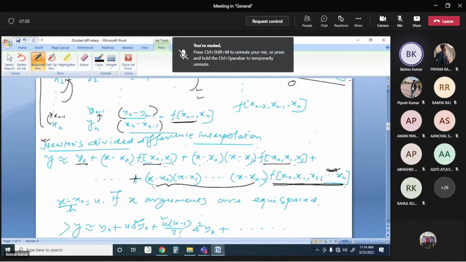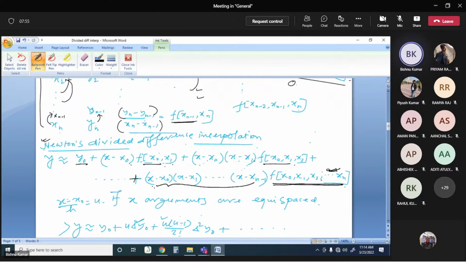For the given numerical data, if you calculate the difference table, this will be the numerical value. Along with this value, you multiply n linear factors. So you will get, with the help of n plus 1 points, an nth degree polynomial in this technique.